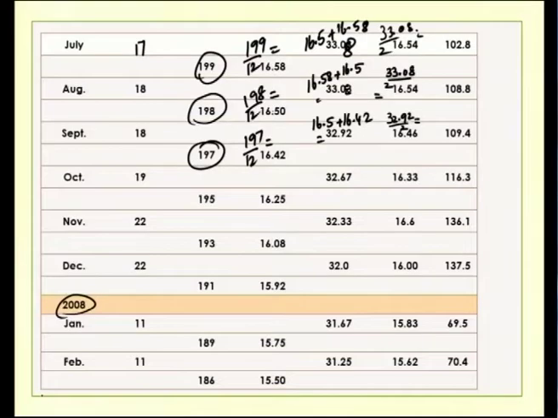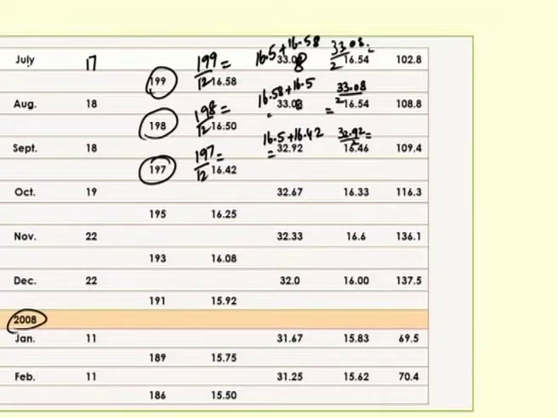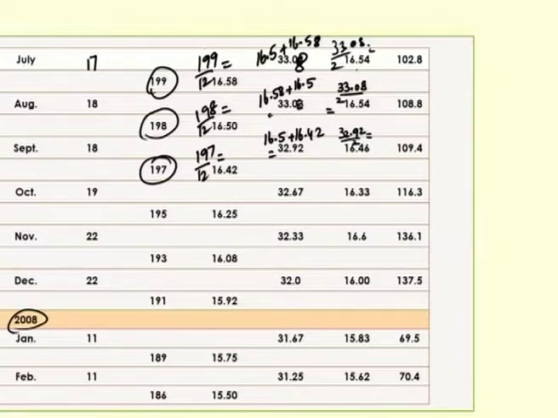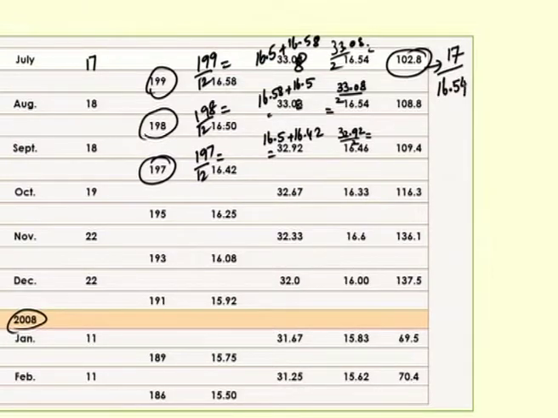Now, 16.54 is the first value calculated, for the month of July. When you are centering the values, there are no values for the months of January to June. Corresponding to the year 2007, for the month of July it is 16.54, whereas the actual value given is 17. Therefore, 17 is the actual value given, and 16.54 is the value which you have calculated. 17 divided by 16.54 into 100 is 102.8.